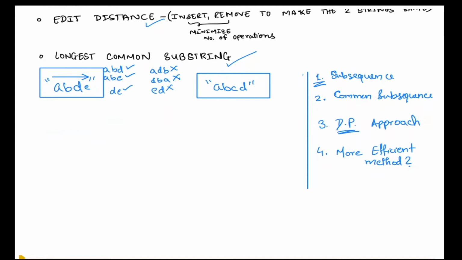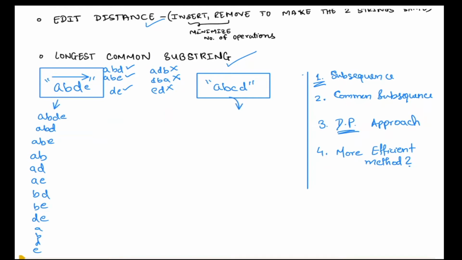So starting with, every sequence is a subsequence of itself. So ABDE is also a subsequence of itself. ABD, ABE, AB, AD, I am just listing out all the subsequences, AE, BD, then BE and then DE, and at last we have A, B, D, E. These are all the subsequences possible for the sequence ABDE.